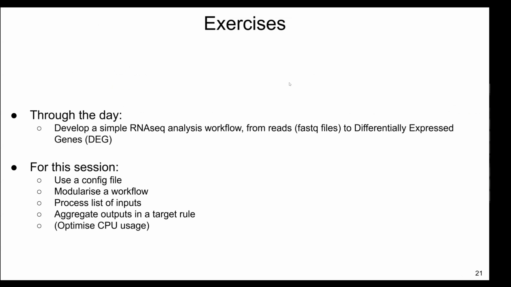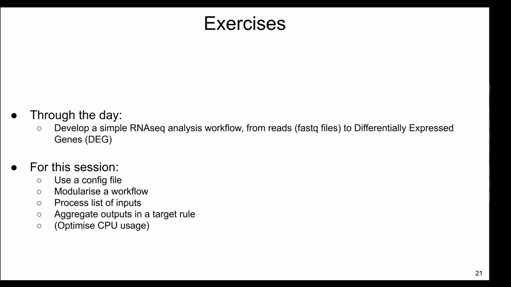Okay, so that's all for the lecture. Now a new series of exercises. In this one, you'll create and use a config file. You'll also try to modularize your workflow, so having a main snake file and then sub files with .smk extension. You'll also see how to process lists of inputs using expand.